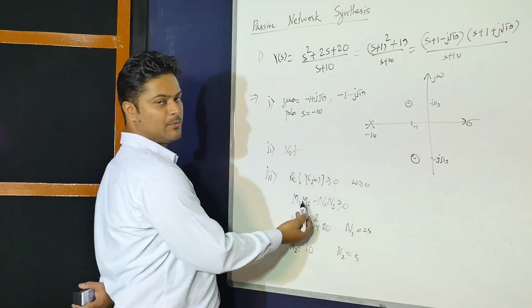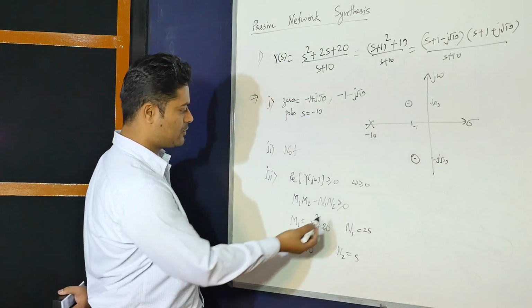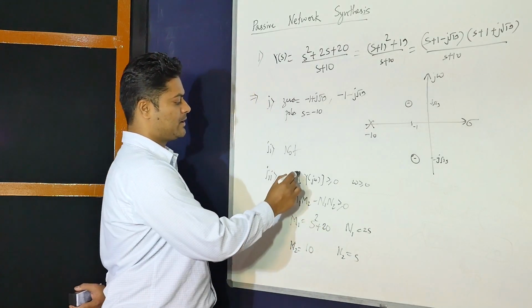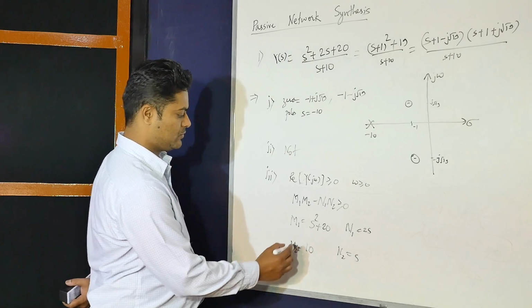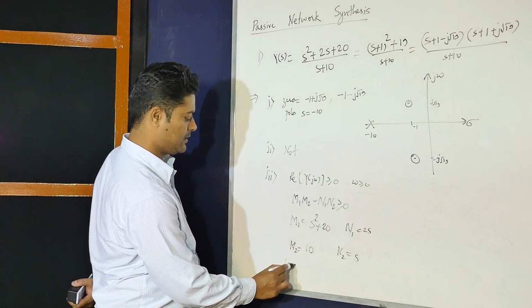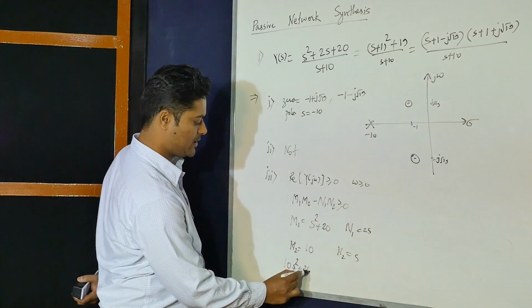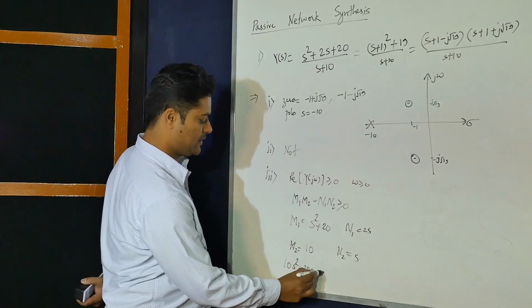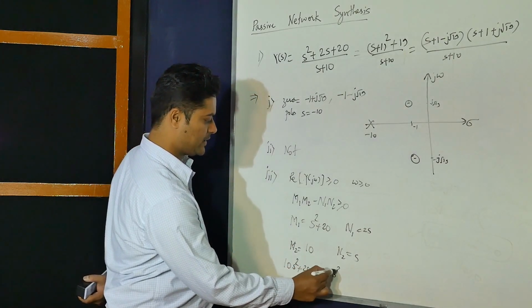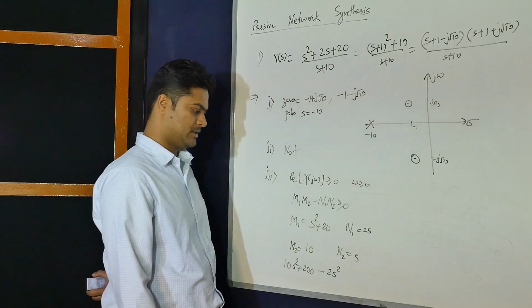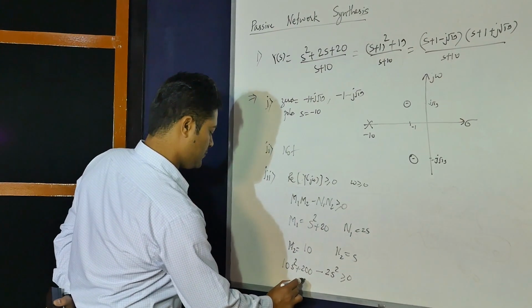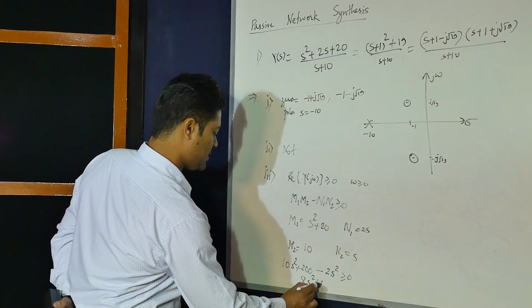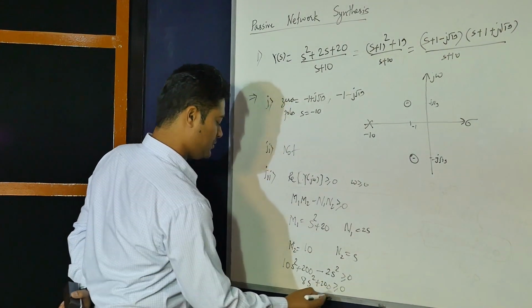So we need to compute m1 m2 minus n1 n2 in order to find out whether the real part of this is greater than or equal to 0 or not. So we end up with 10 s square plus 200 minus 2 s square, which should be greater than or equal to 0. So we have 8 s square plus 200 greater than or equal to 0.